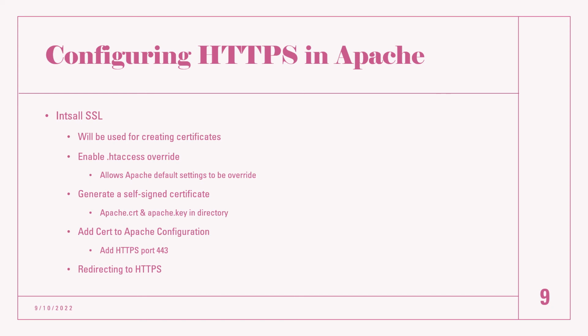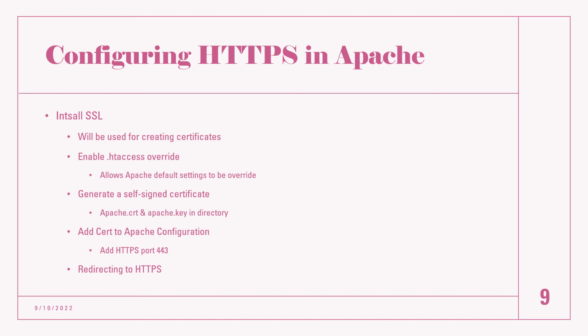Next, we'll want to add the certificate to the Apache configuration. This can be done by editing the configuration file on the Apache default website. So we'll be adding a virtual host block on port 443, which is the HTTPS port.